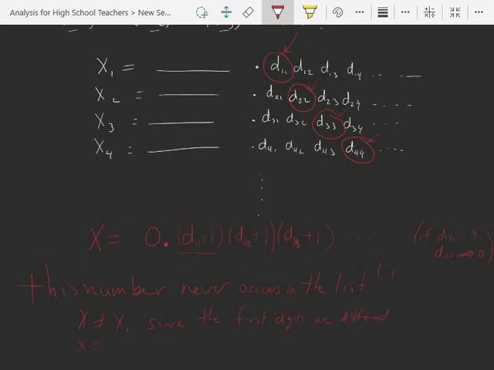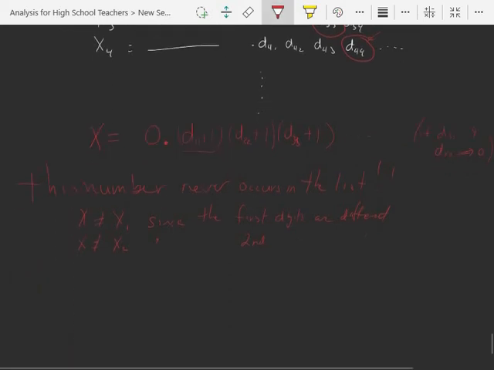X isn't equal to x2 since the second digits are different, right? X doesn't equal xi since the ith digits are different. Okay, so it's never in that list.